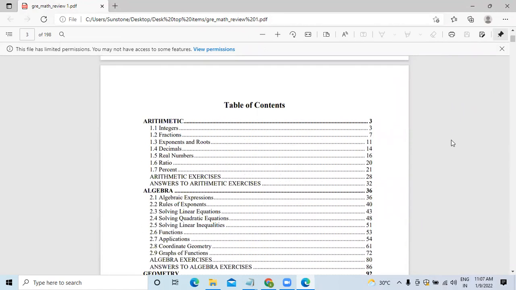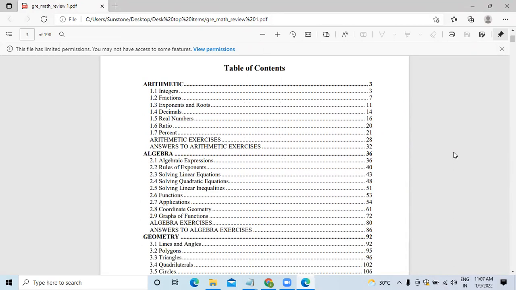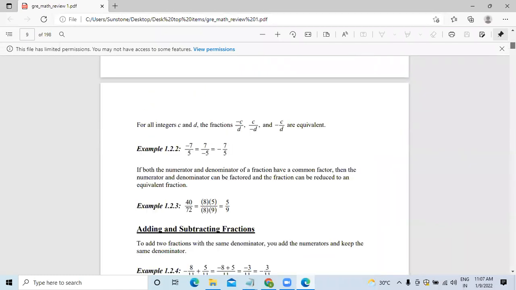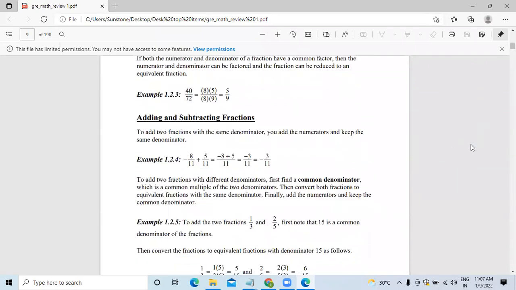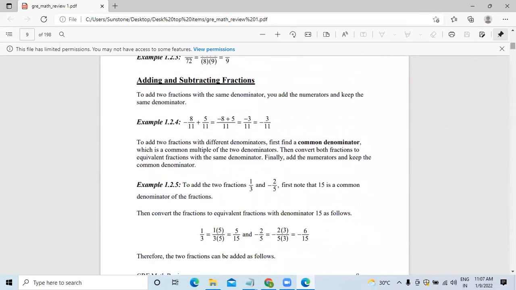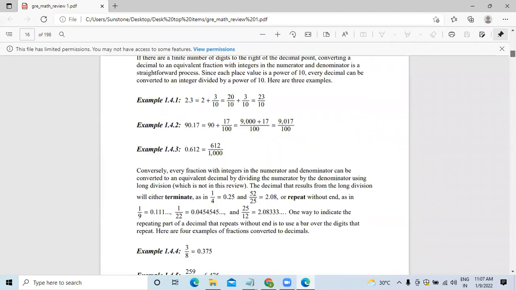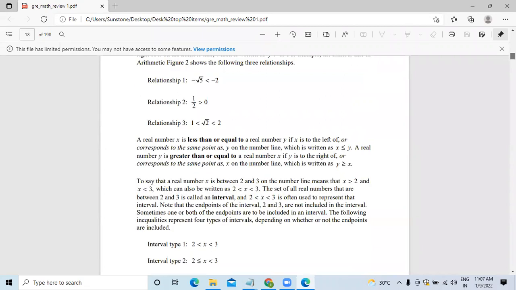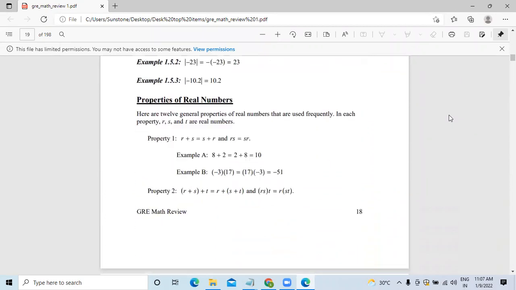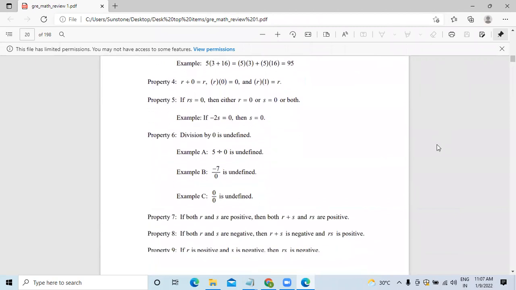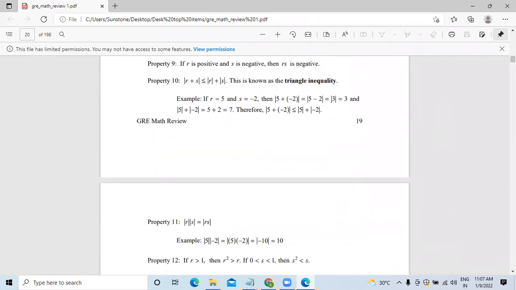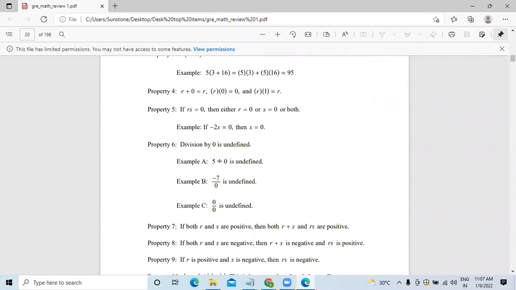It will be real numbers, ratios, percentages, exponents, roots. Geometry, it can't be in geometry, so it has to be in the first part. Quickly search in this part.